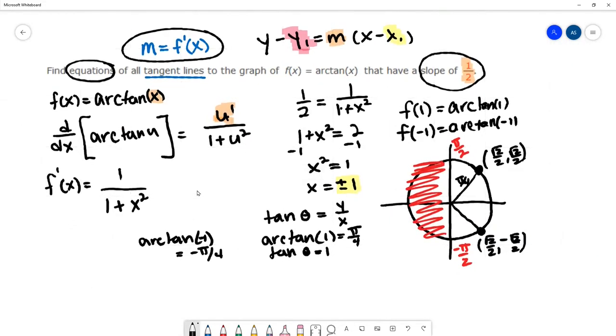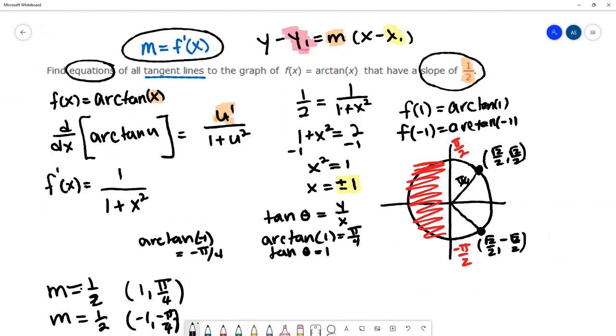So we have now a slope of 1/2 at the point 1, pi over 4. And the slope of the tangent line is 1/2 at the point -1, negative pi over 4.